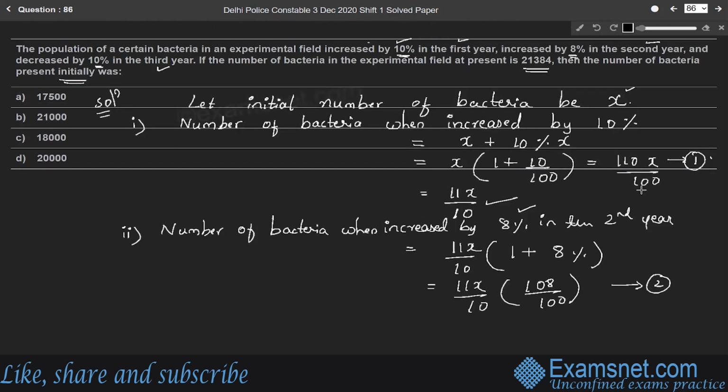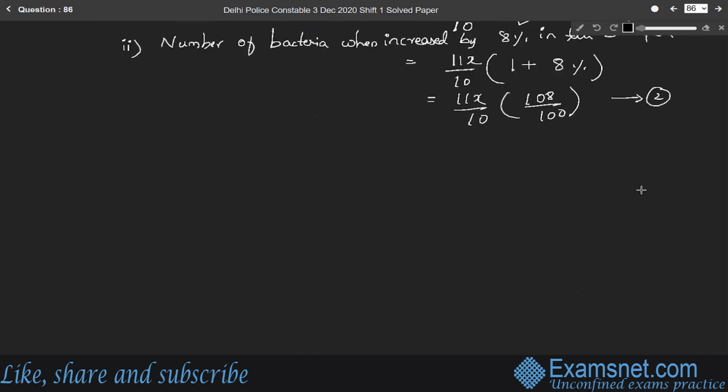So in the third case, the number of bacteria decreased by 10% in the third year, right? So number of bacteria when decreased by 10%, then it becomes, so this second equation value will be the initial number of bacteria in the third year, right?